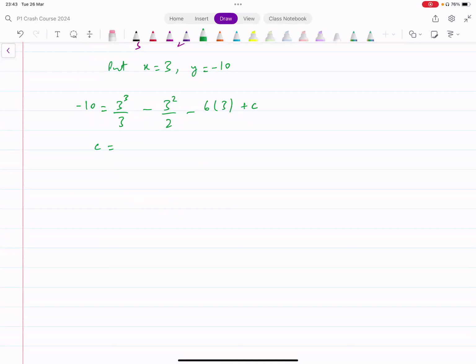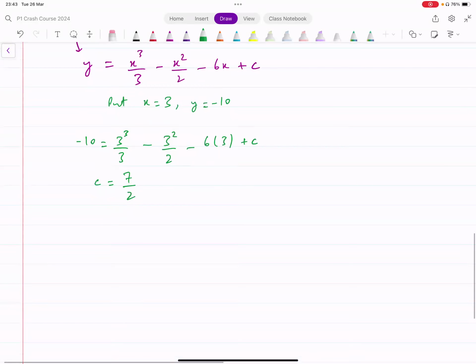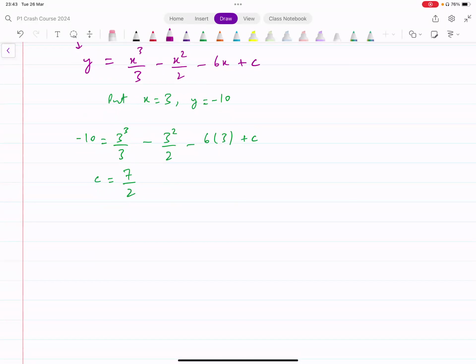Plus 7 over 2. 7 over 2. Thank you. So that's the value of c that we have, which means the function now becomes y equals x cubed over 3 minus x squared over 2 minus 6x plus 7 over 2. That's the function that we have.